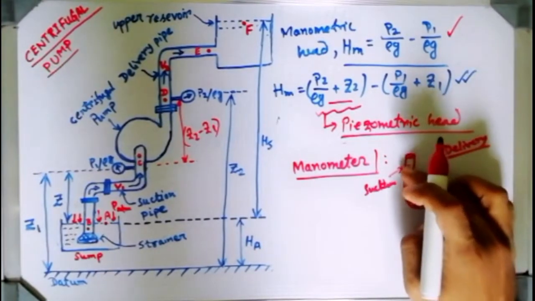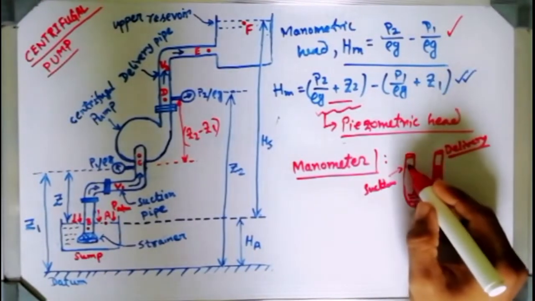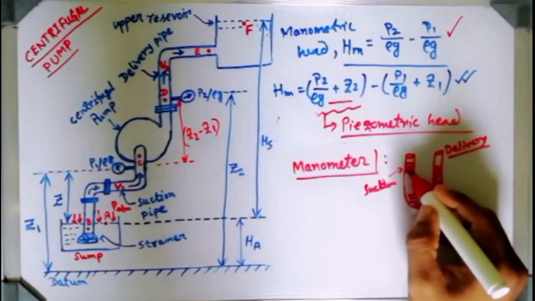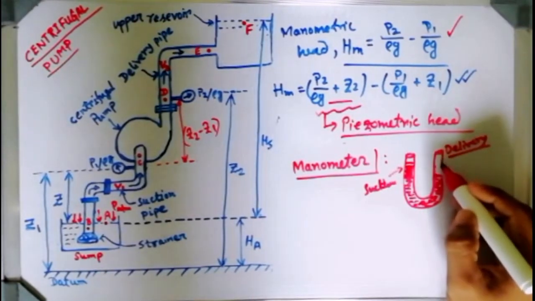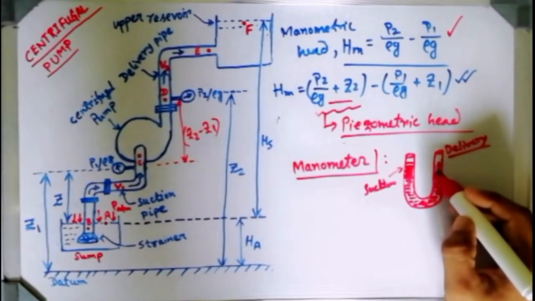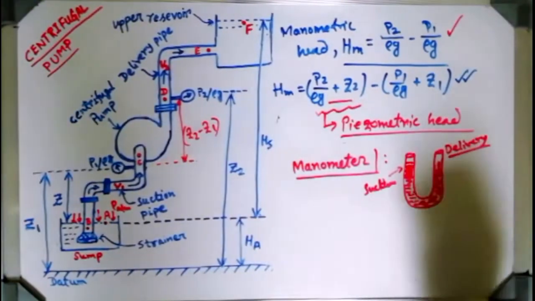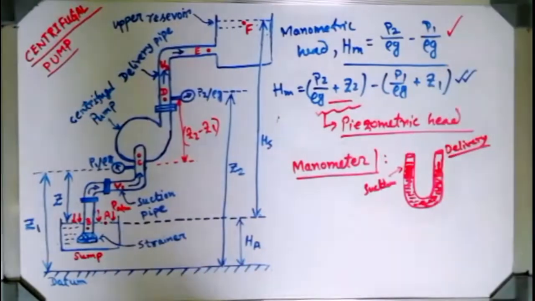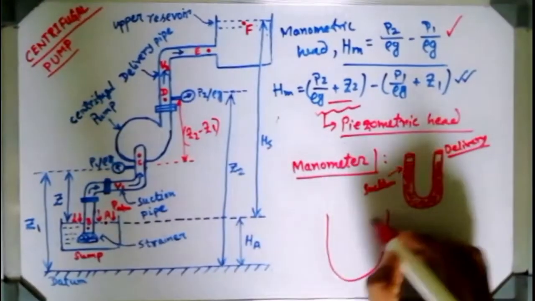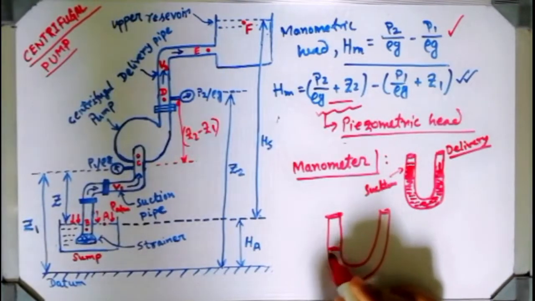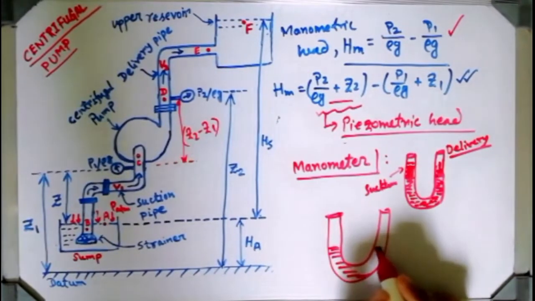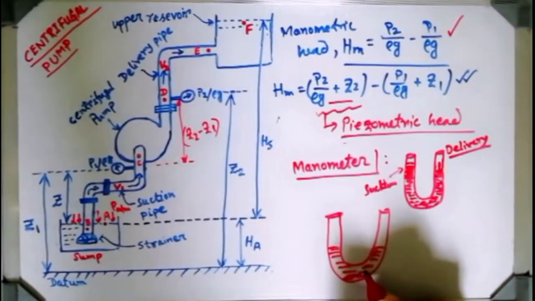Basically, in this case, the manometric fluid will go up on the left side and down on the right side, isn't it? Are you getting my point or not? It's a kind of U-shaped device filled with some manometric fluid, suppose mercury.